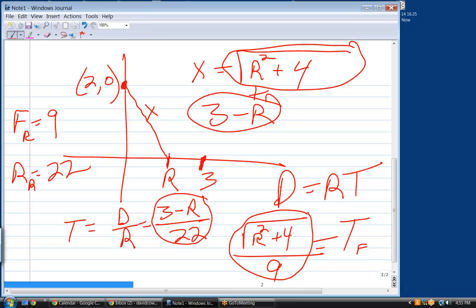Okay, and then for part C, what value of x gets Josh home the fastest? What is the minimum time? Ooh. This is almost calculus. So what path, in other words, what value of r makes t the smallest?